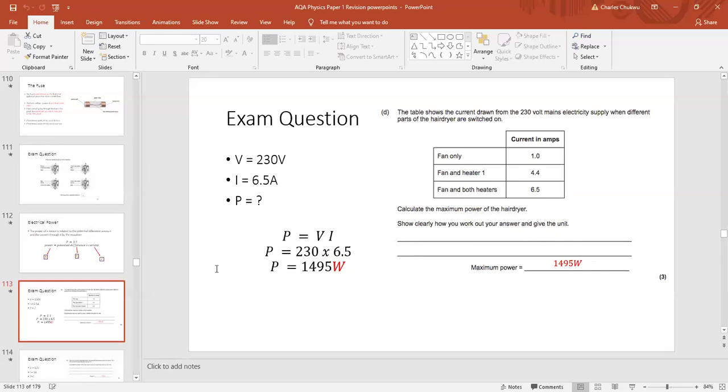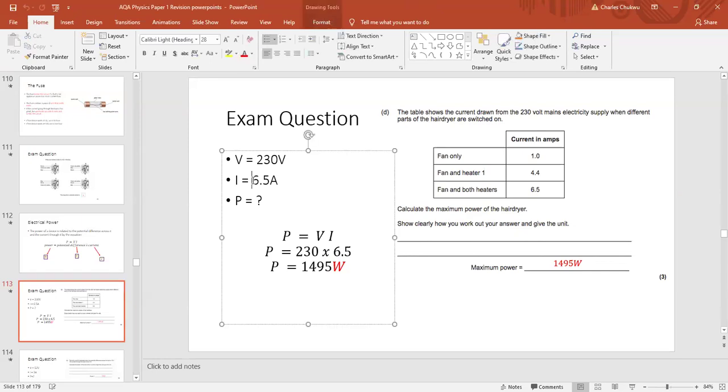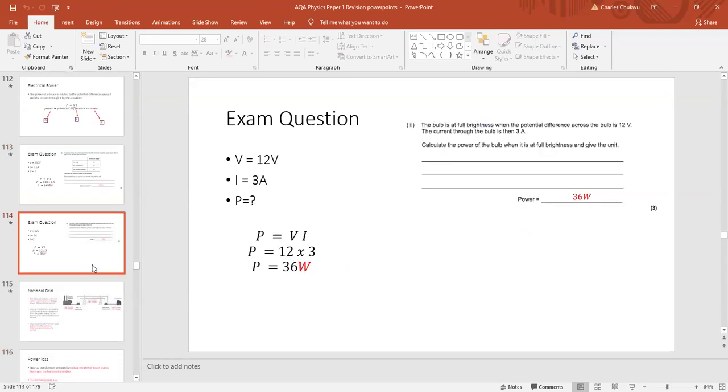So if you are asked to find the power in a question, ensure that the units are right: amperes for current and volts for potential difference. When you simply multiply both of them, your answer will be in watts, okay? And of course, this is another example, but we're moving on.